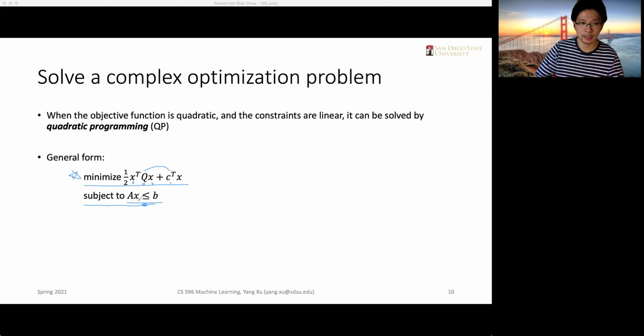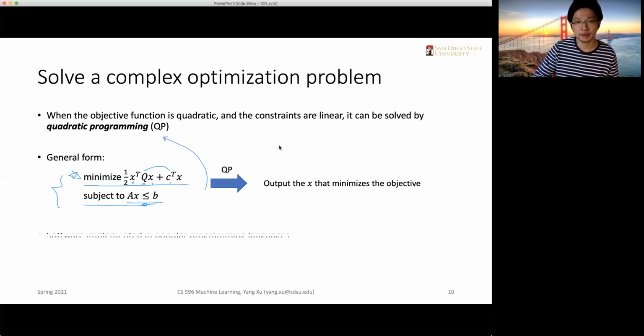These A, x, b are all vectors and matrices. Given this general form, we can have these constants as the inputs to a quadratic programming algorithm, and the algorithm will be able to output the x that minimizes the objective.